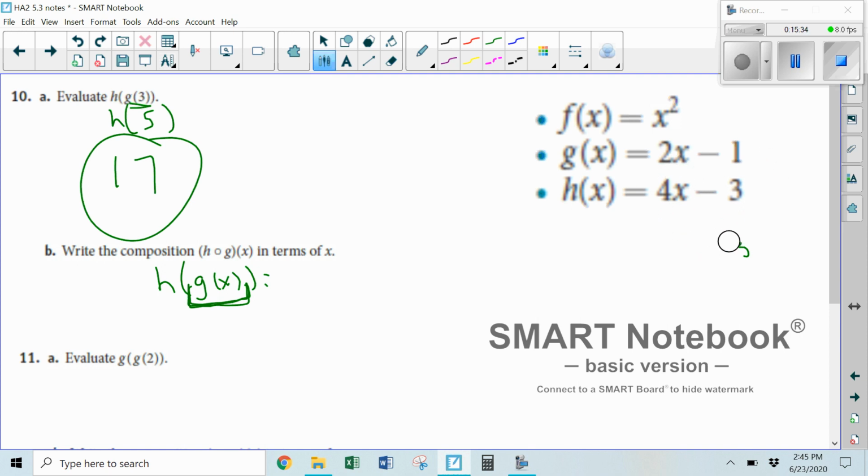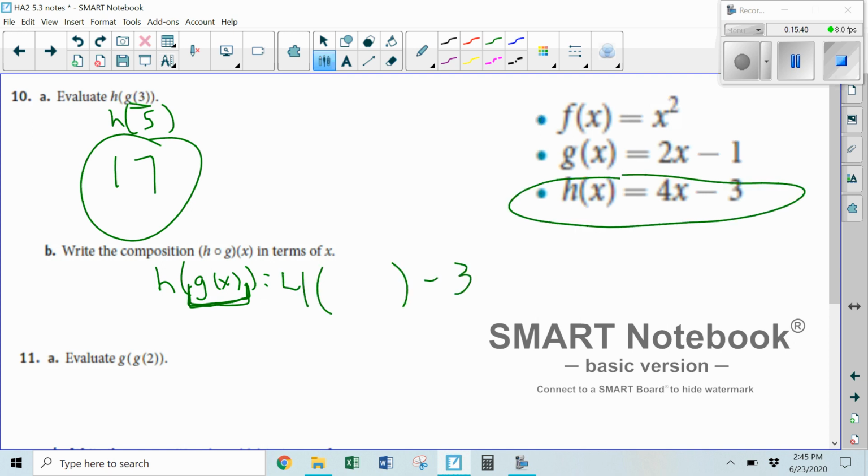So let me go ahead and write the h function with a space. And like I've said many times, we are plugging in this, which is not a number. It is an expression, so I need to plug g of x in where the variable is. And from there, you just simplify.